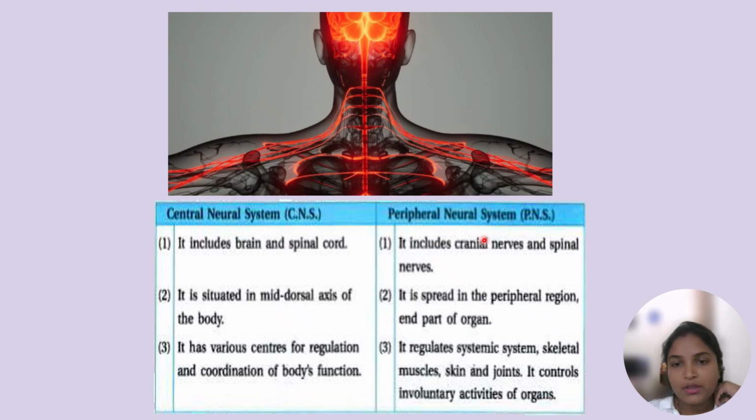The peripheral nervous system includes the cranial nerves and spinal nerves that arise from the brain and the spinal cord. It is spread in the peripheral region, the end part of the organs. It regulates skeletal muscles, skin, and joints. It controls involuntary activities of the organs.